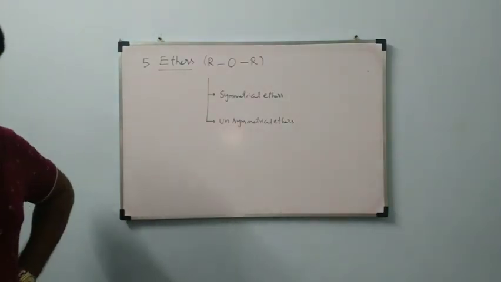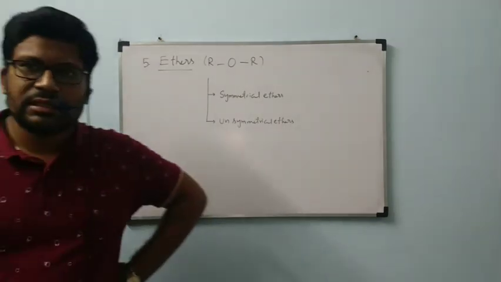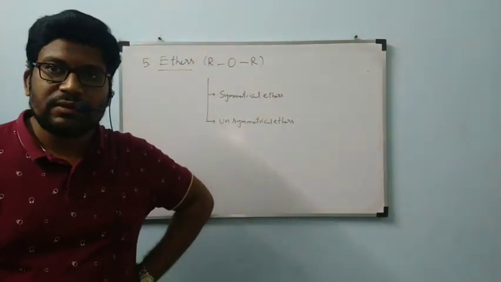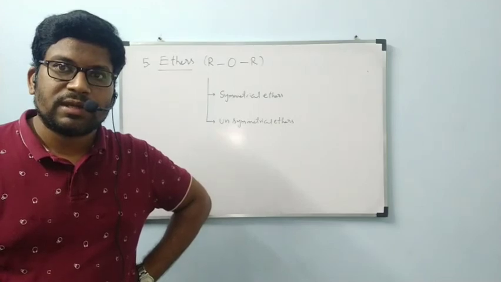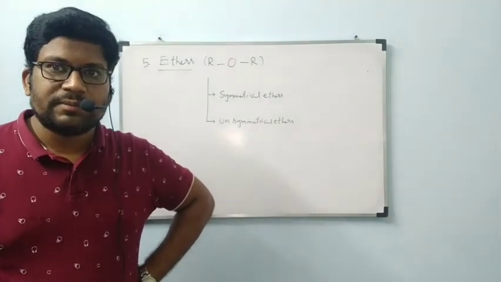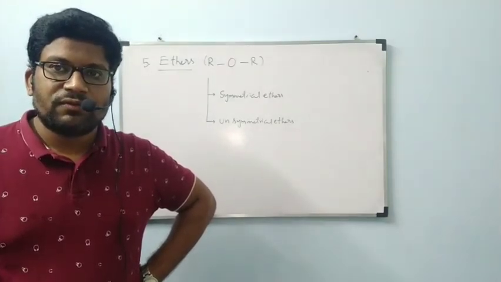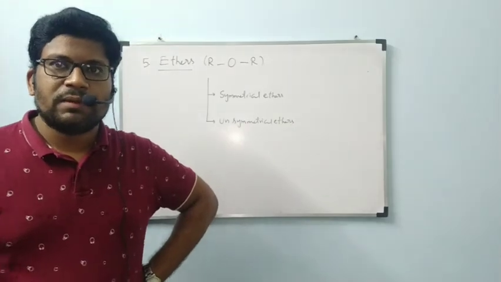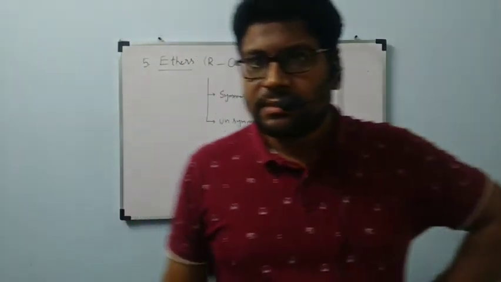Ethers are classified into two types. How we are going to give the names of symmetrical ethers as well as unsymmetrical ethers, now we will see. Before that we have to define what is meant by a symmetrical ether and what is meant by an unsymmetrical ether.